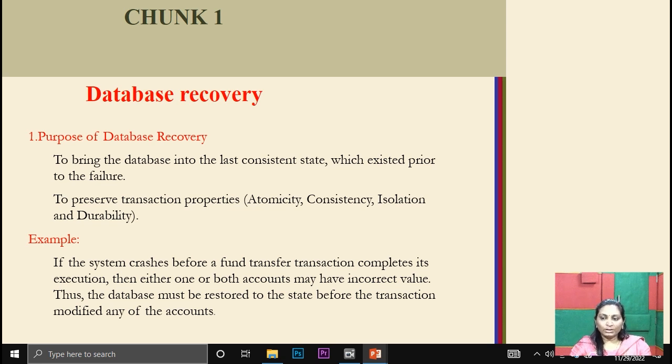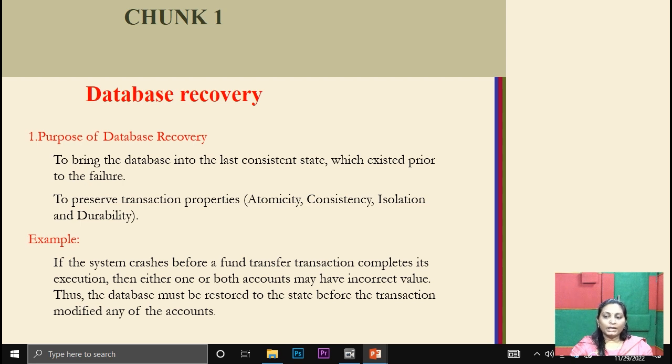If any failure occurs in the banking system, the data which was in the last stage, before the failure, will be restored to that state. That is called the consistent state. It also preserves the transaction properties: atomicity, consistency, isolation and durability. These are the four properties related to the transaction.